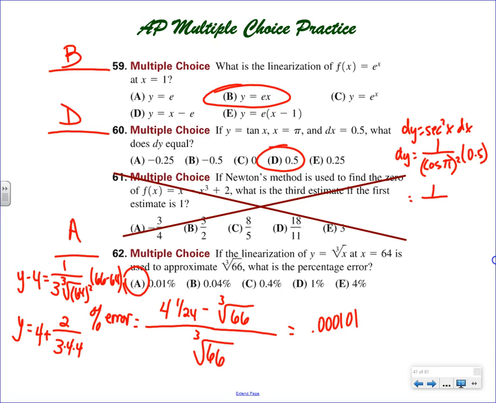Cosine of pi is -1, squared would be a positive 1, times 0.5. Any other questions on these ones?